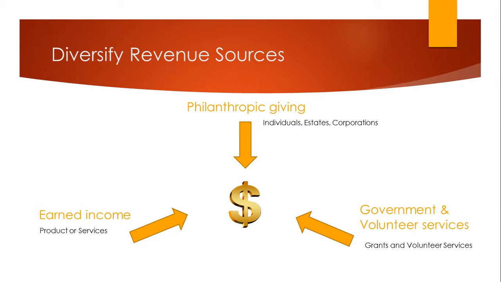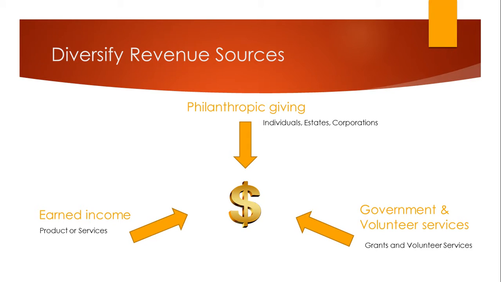If we look here, we have some examples of different revenue sources. At the top, we have philanthropic giving, in which roughly 70% of the giving will be given by individuals, and then much smaller percentages given by states, corporations, etc. We also have, as another revenue source, government and volunteer services.